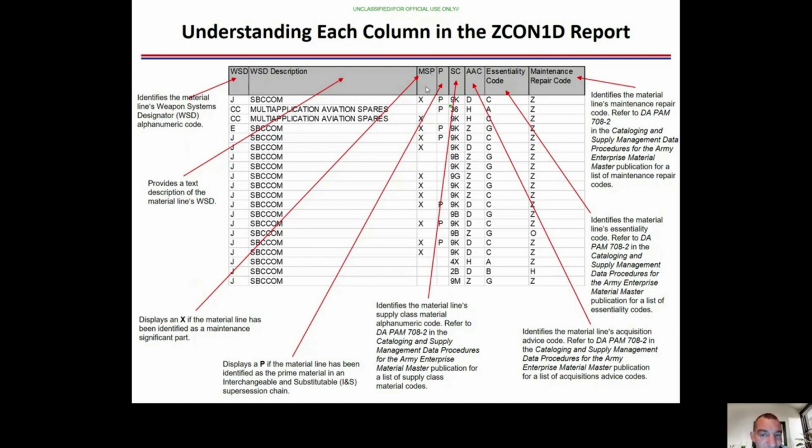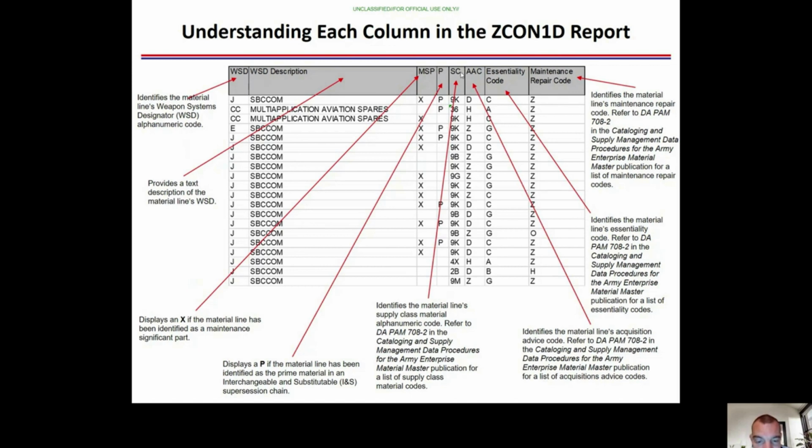So if it's a significant part, it's going to be marked with an X. Your P here displays a P if the material line has been identified as a prime material. So for example, this top one here is identified as a prime material. So there is an interchangeable part for that, but this is the prime part for that.